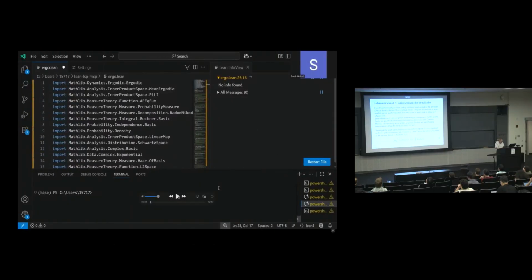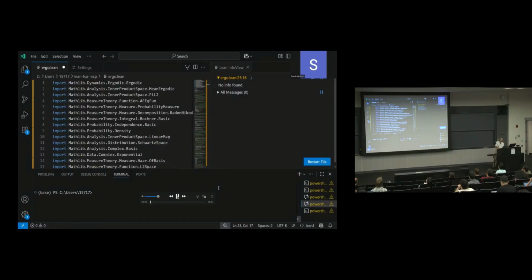So let's see if I can get this to work, using VS Code's Insiders tool in agent mode coupled with the Lean MCP LSP protocol. Let me start it again. I just want to start from the beginning, and there we go.